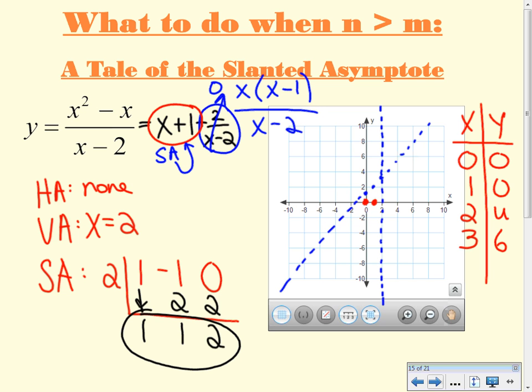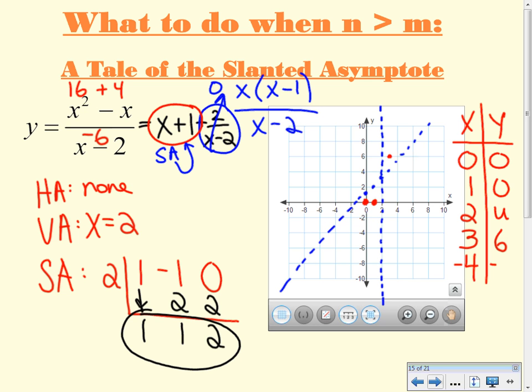So I'm going to get 6. So at 3, I'm going to have a point at 6. And let me try over at, say, negative 4, just to find out what happens when I'm way over here. Negative 4, let's see, we get positive 16 plus 4 over a total of negative 6. So I'm going to get 20 divided by negative 6.